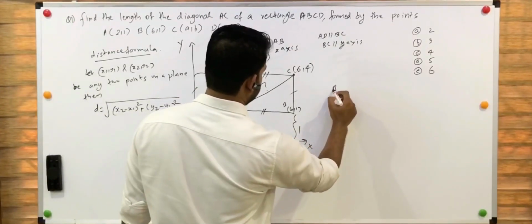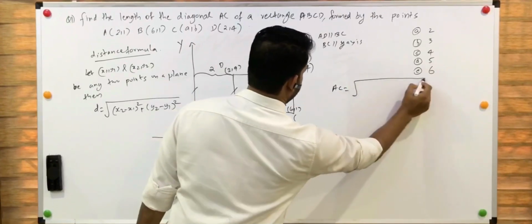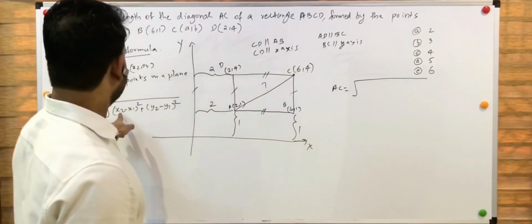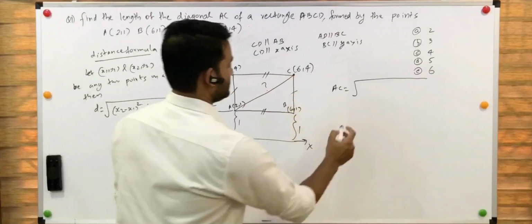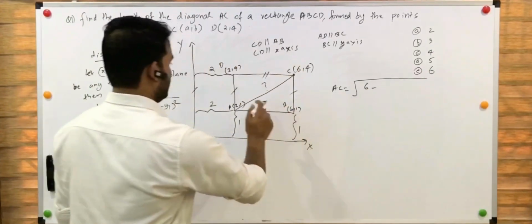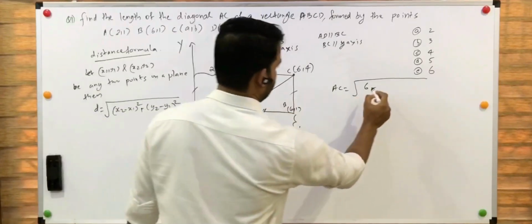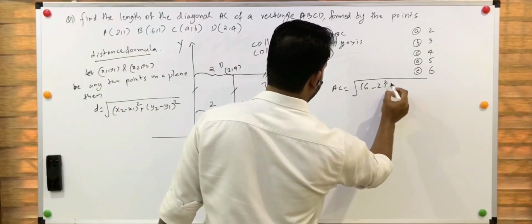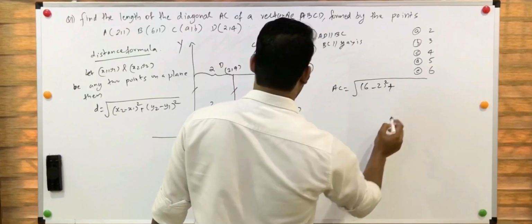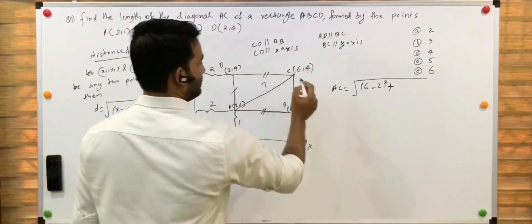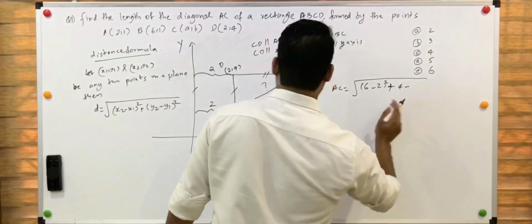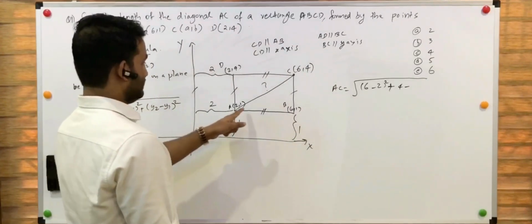The distance AC we can find in terms of x2, here it is 6, and x1 is 2, so (6 minus 2) whole square, plus y2 is 4 here, and y1 is 1 here.